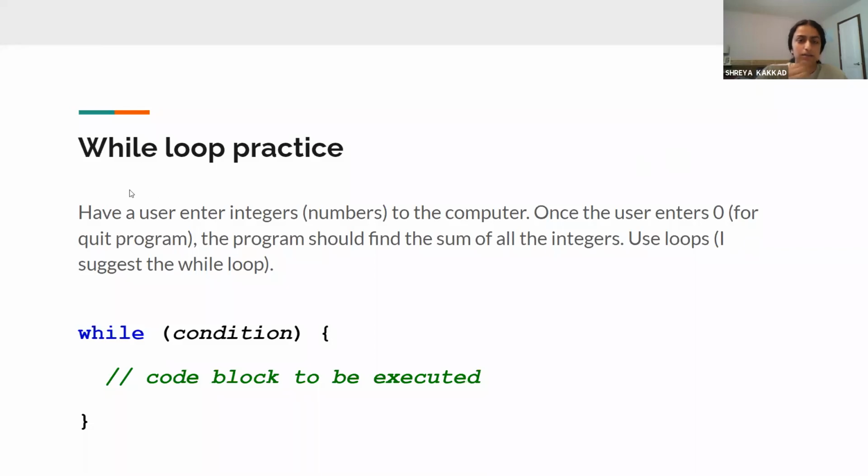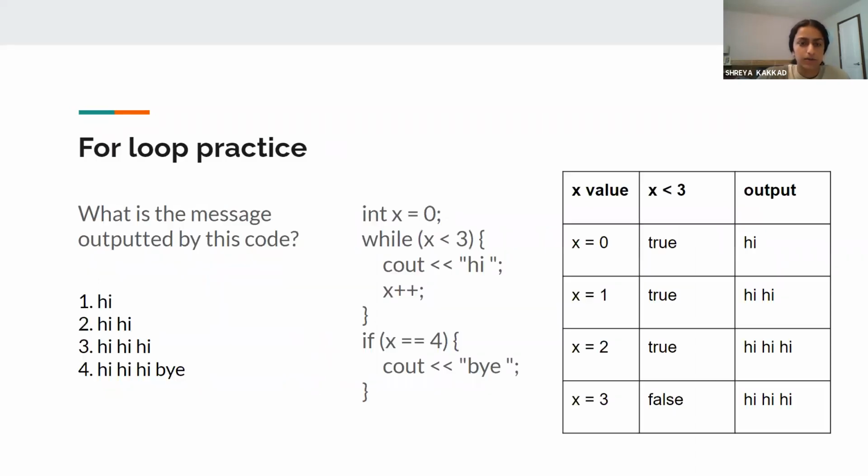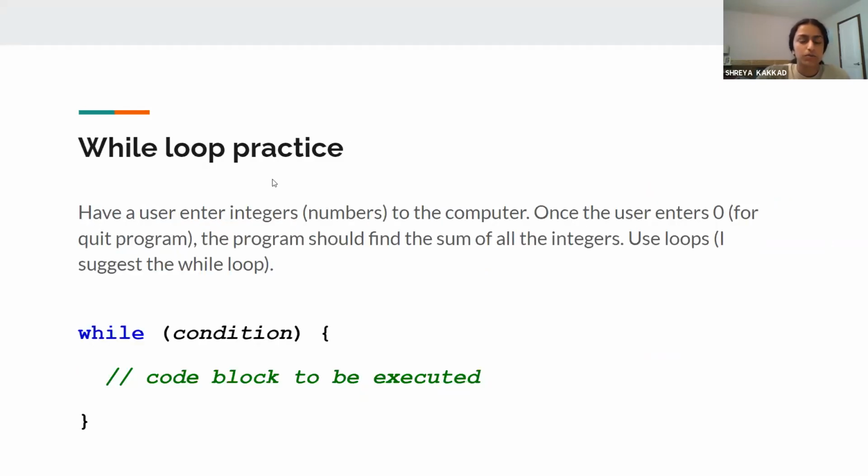All right. So we went over for loops a little bit earlier, and this was a while loop practice. I don't know why I wrote for loop practice there, but we'll do one more while loop practice since those are super useful. In this while loop practice, I'd like you guys to have a user enter integers, so basically numbers, to the computer.